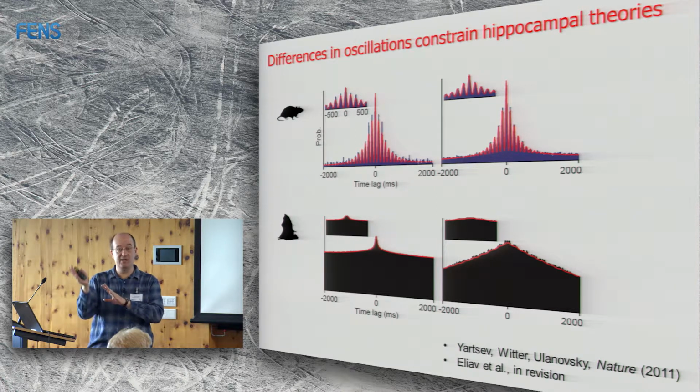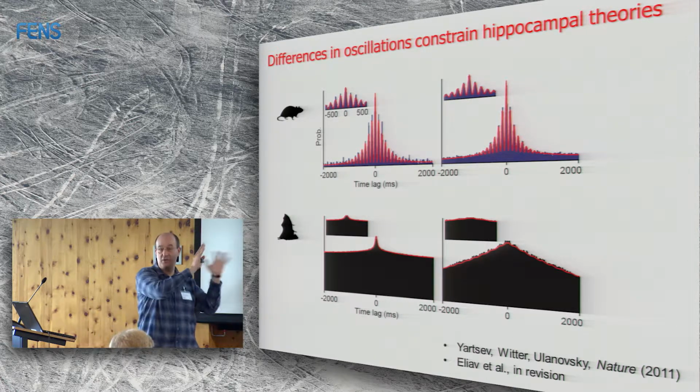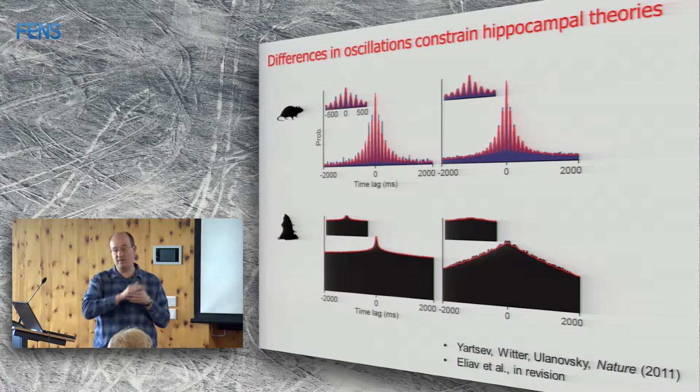But if you see grid cells without a theta oscillation, then you can rule out this theory. It's hard to disentangle in rodents, although later people had other evidence against this theory. But still, you can use bats in order to tell something general, maybe about theories of how grid cells are formed, or other theories of hippocampal function.